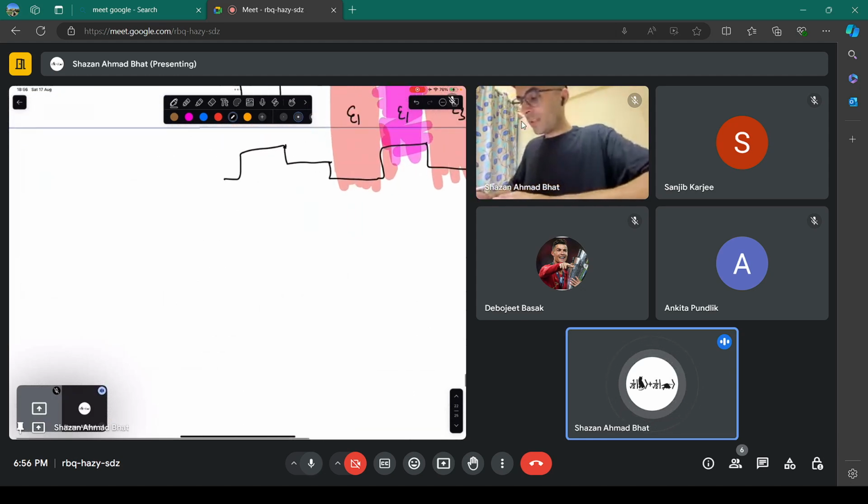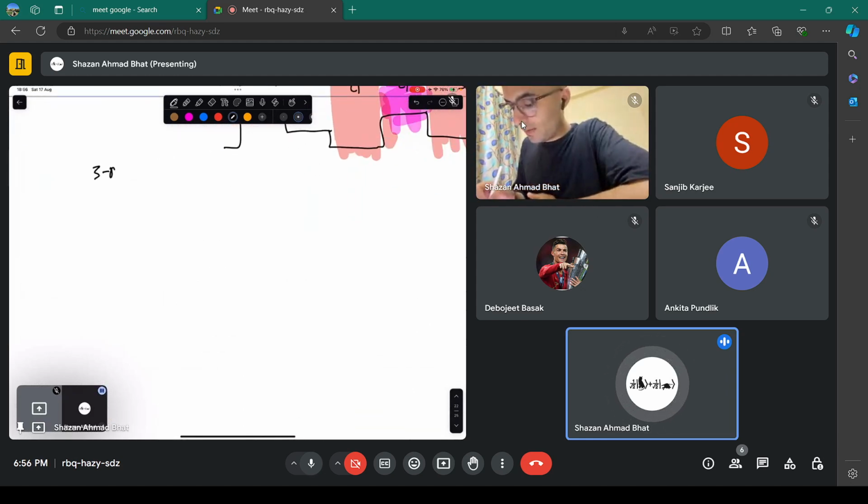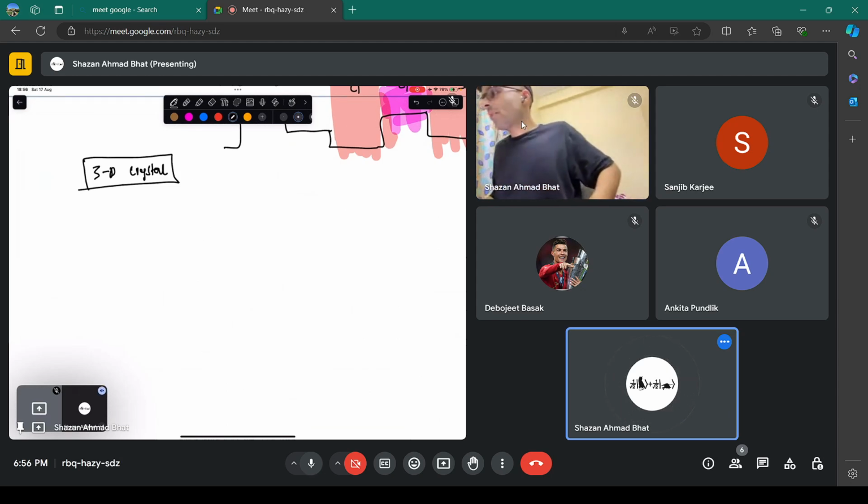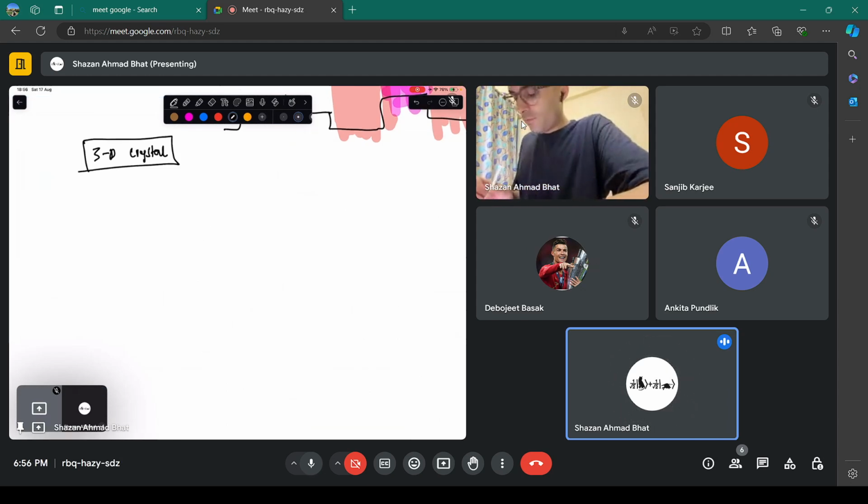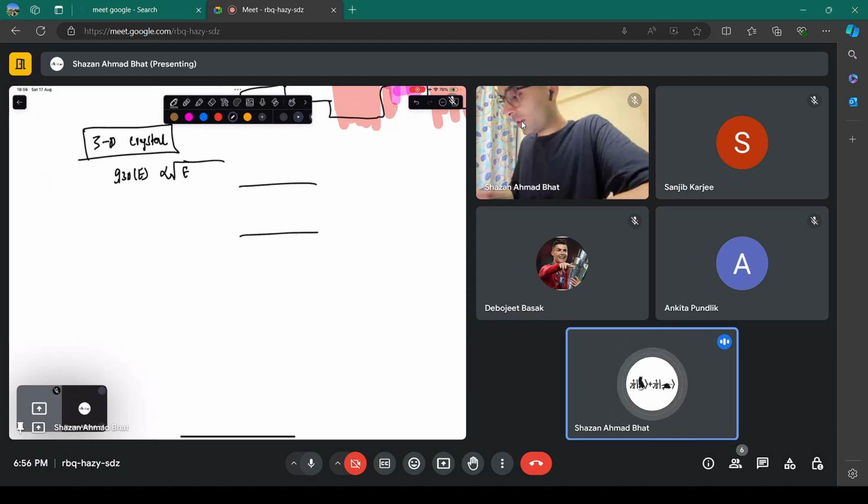Let's say we have a 3D crystal, and the density of states in 3D is proportional to some square root of E. If you consider the conduction band or the valence band, they can set a reference energy level for the density of states. That is what you measure the density of states or energy with respect to.